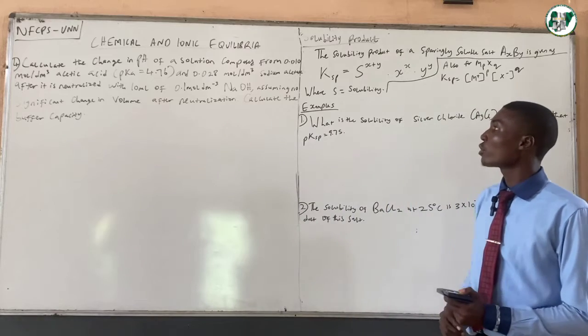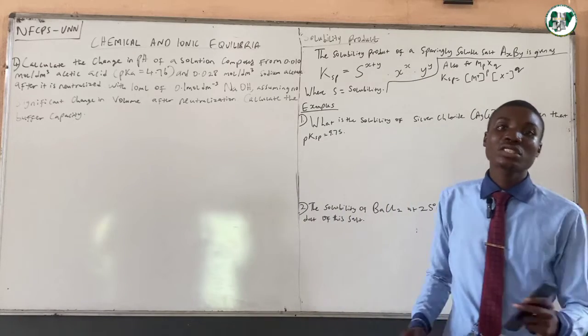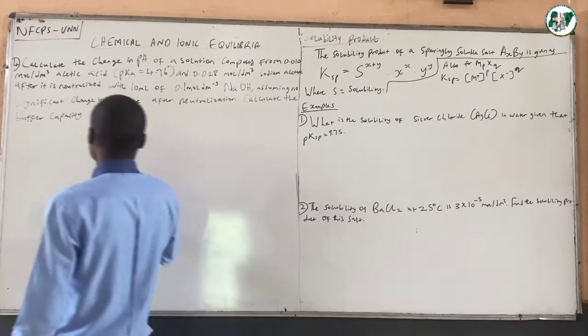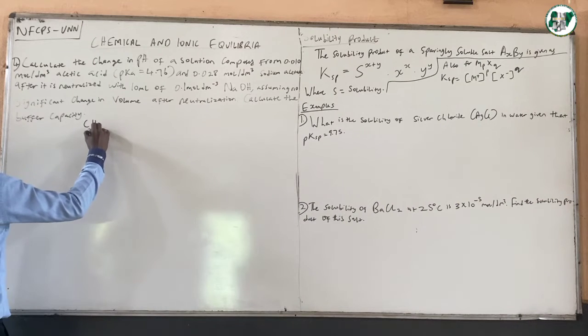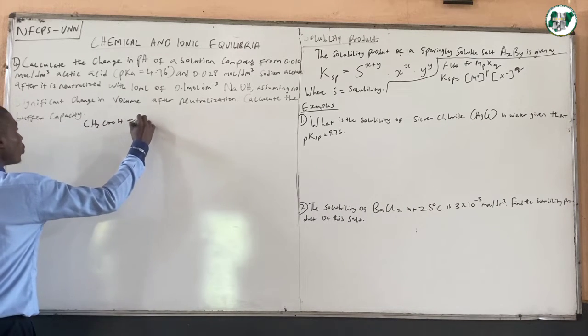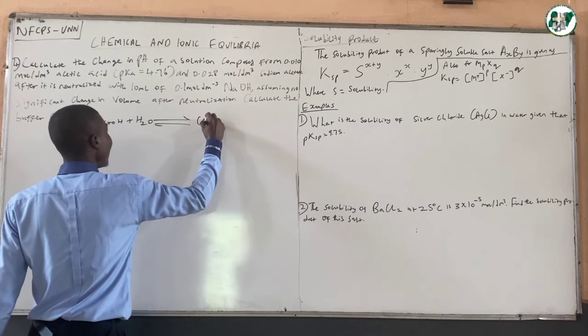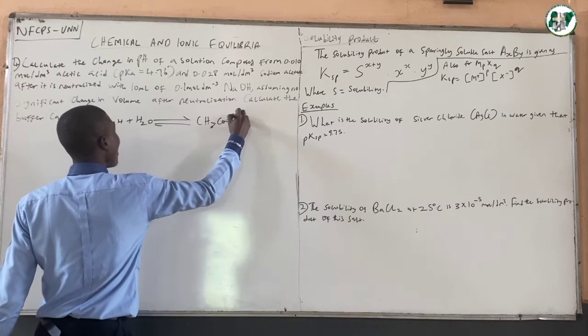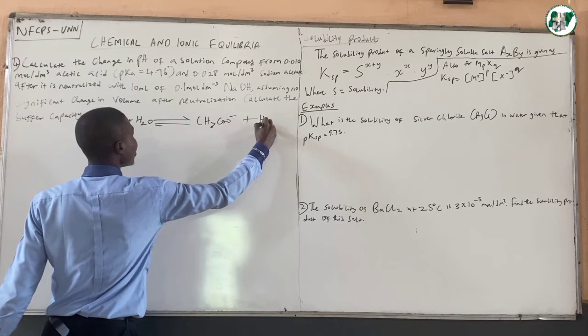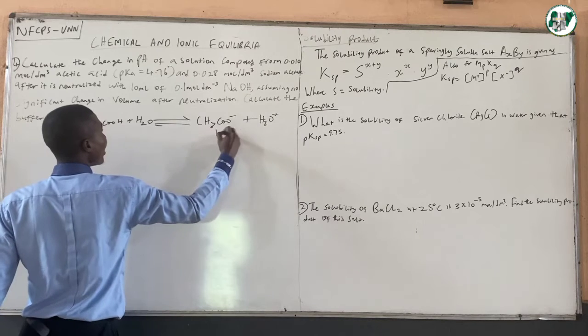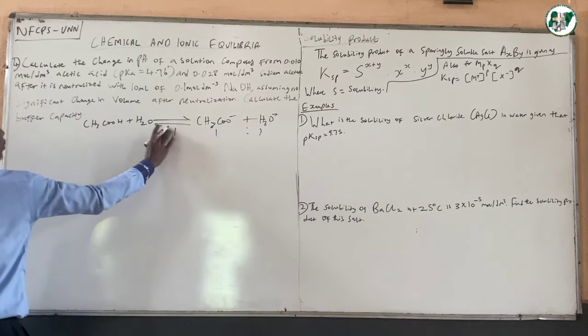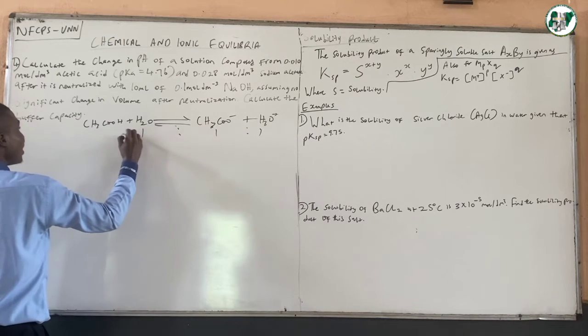So the first thing for us to do here is to write the dissociation equation. So what we have here is CH3COOH with water dissociating into CH3COO minus plus H3O plus, a 1:1 equation.